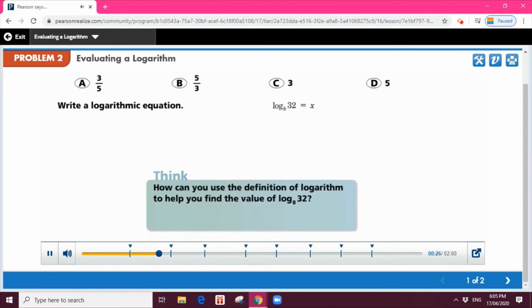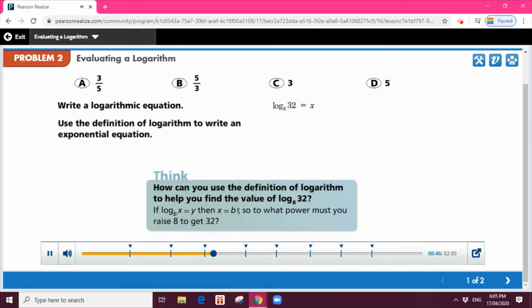How can you use the definition of logarithm to help you find the value of log base 8 of 32? If log base b of x equals y, then x equals b to the y power. So to what power must you raise 8 to get 32?